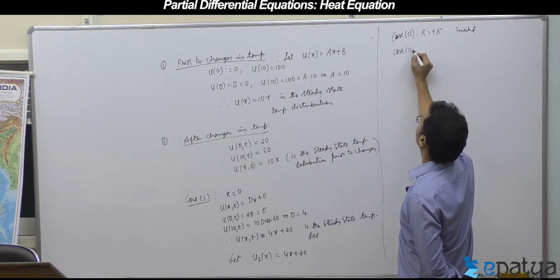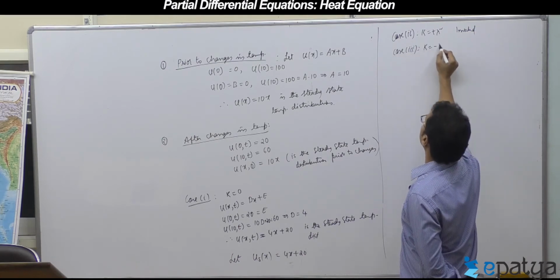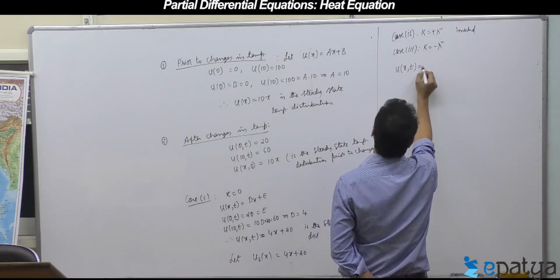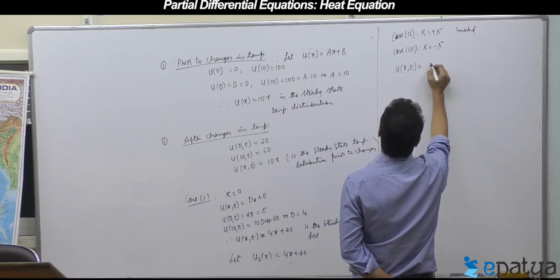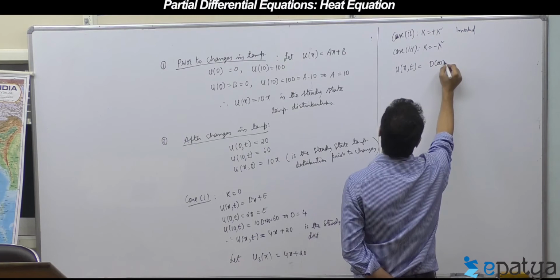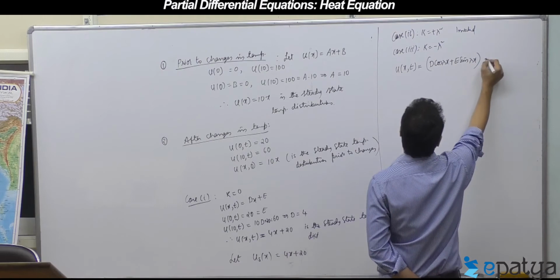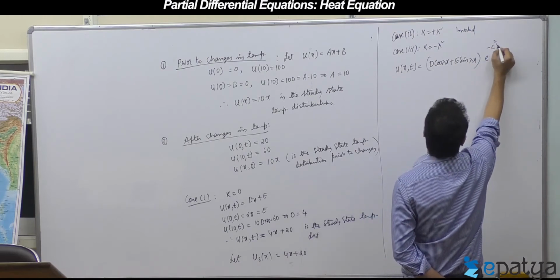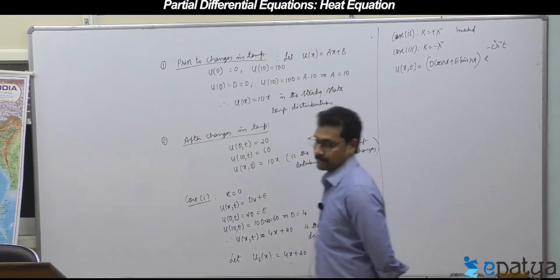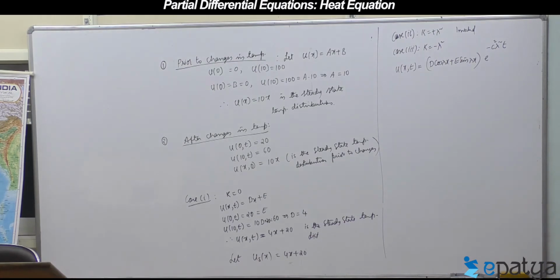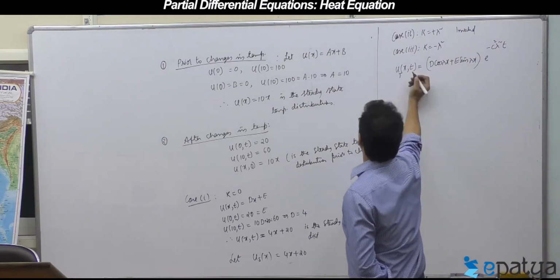Case 3, k equal to minus lambda square, which gives me u of x comma t equal to d cos lambda x plus e sin lambda x into e power minus c square lambda square t. Observe that as t goes to infinity, u goes to 0. Therefore, it is a transient temperature distribution. Therefore, ut equal to this one.